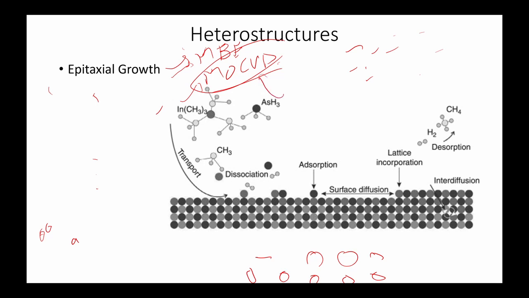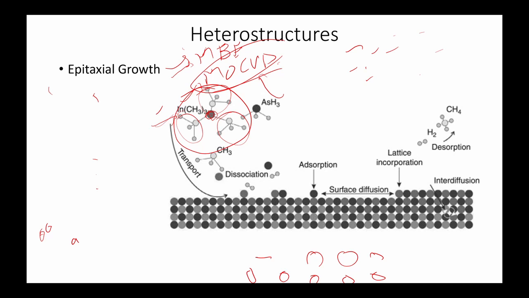Okay, this is a metal organic compound, indium with CH3. This is the indium atom, and three methyl groups, CH3, are attached to it. We can call it trimethyl indium. And there are some other compounds like trimethyl aluminium, trimethyl arsenic.